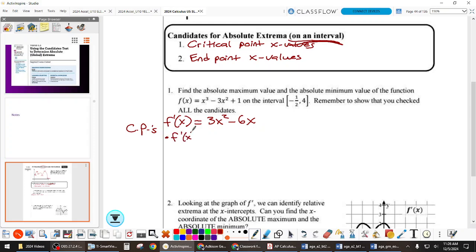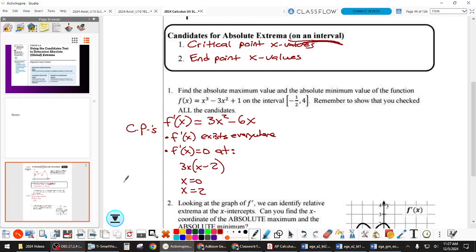So f prime always exists, or exists everywhere, we could say, on the interval. Okay, where does f prime of x equal 0? Well, we just factor this. Yeah. So at 0 and at 2.